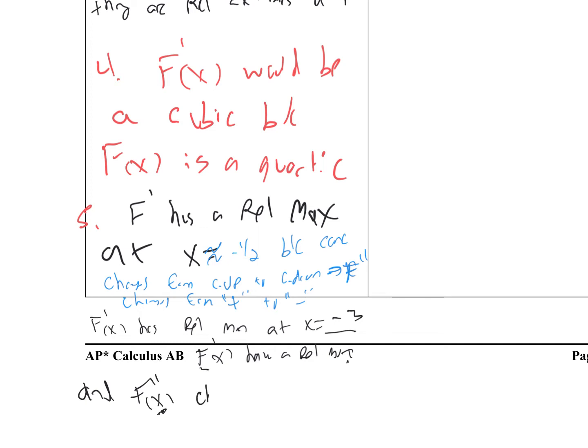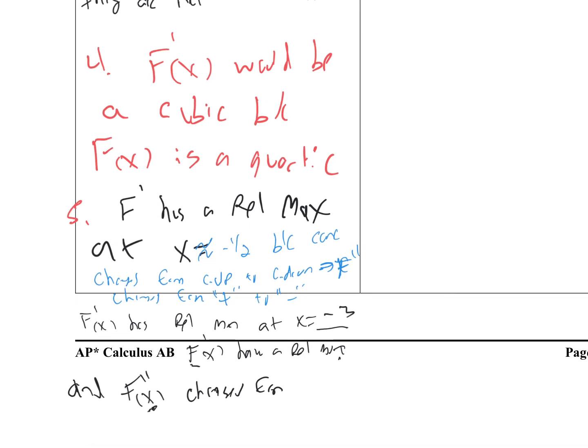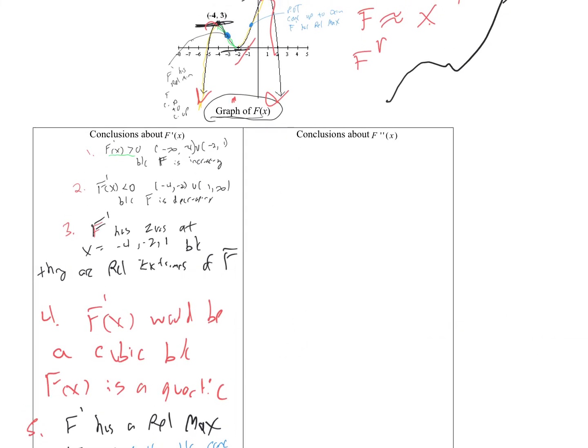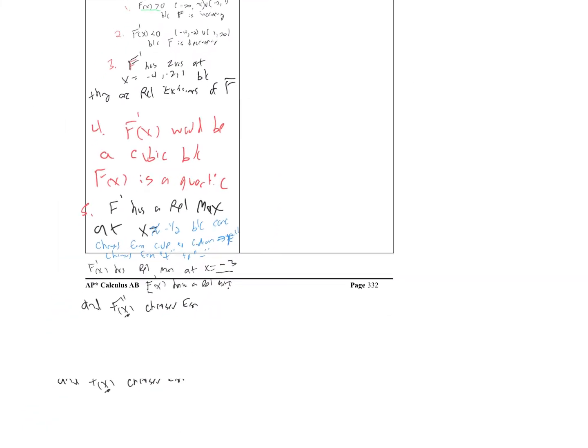When it changes from concave down to concave up, concave down means the second derivative was negative to positive.